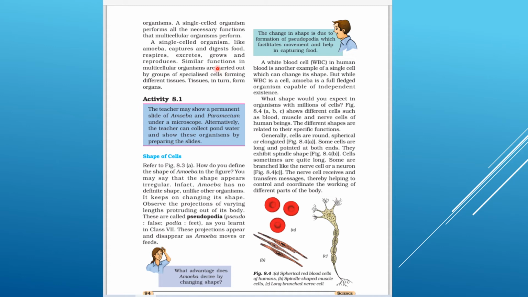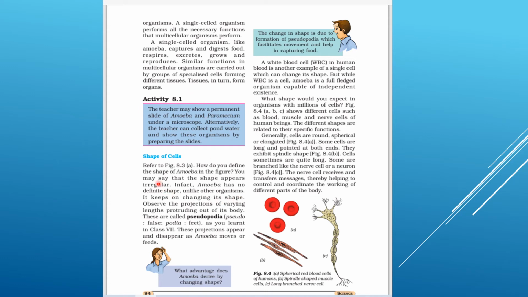For example, a single cell organism like amoeba captures and digests food, respires, excretes, grows and reproduces, but all these things are done by a single cell. Multicellular organisms also carry out all these functions.